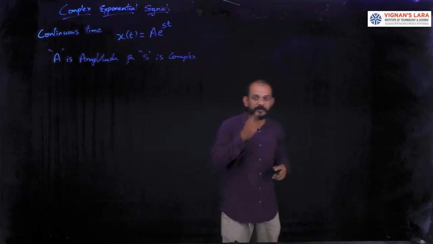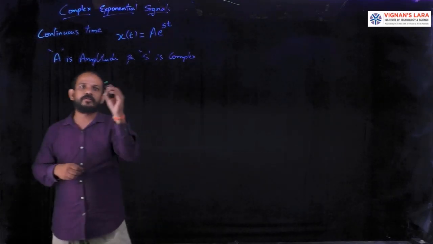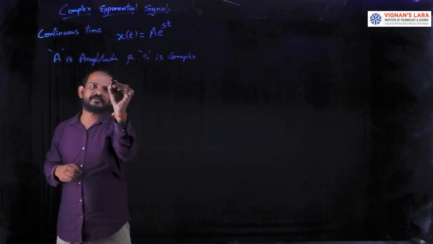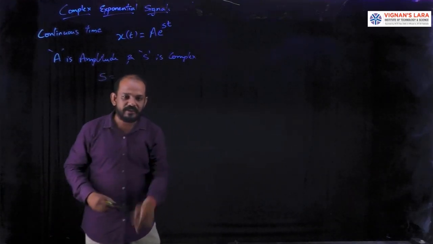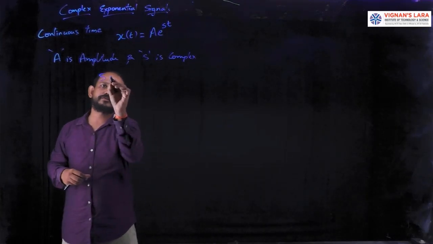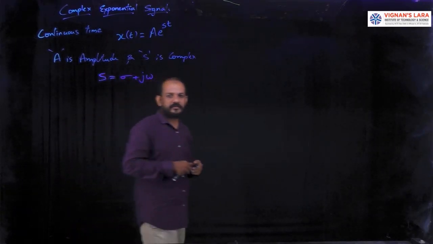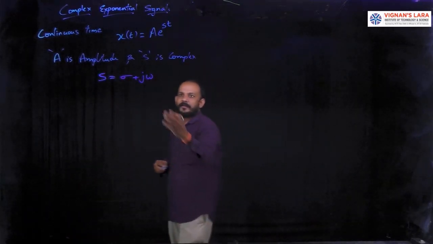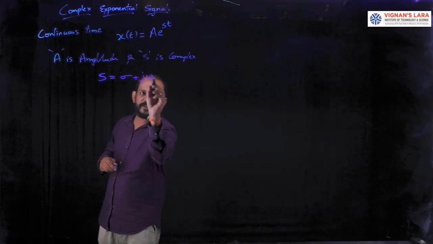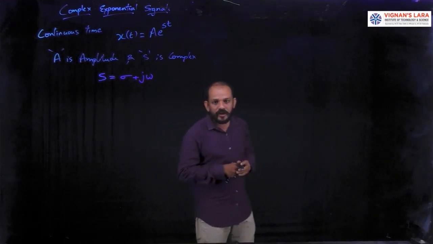A complex variable means it consists of both real and imaginary parts. So s is a combination of both, s equal to sigma plus j omega. The real term is represented with sigma and the imaginary term is shown with omega, where j represents the imaginary.